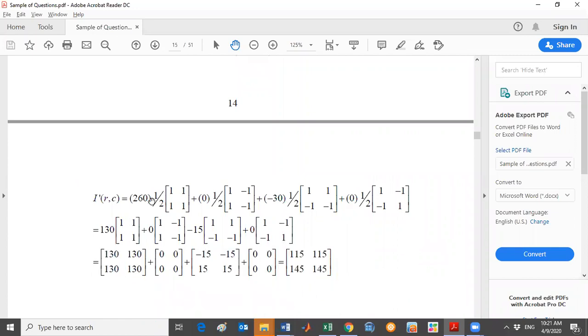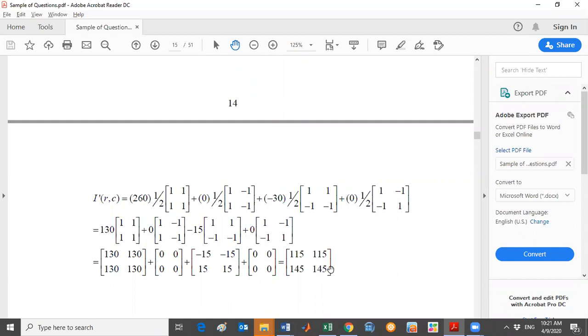Okay, so you add them together. So this one multiply with half, so you get 130. And this one multiply half, you get 15. Okay, so eventually this is what you get.